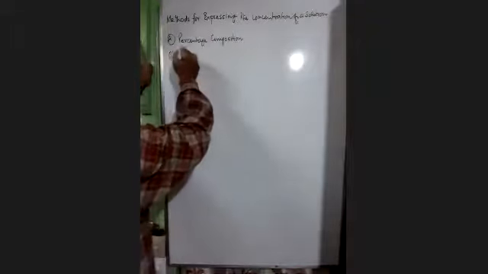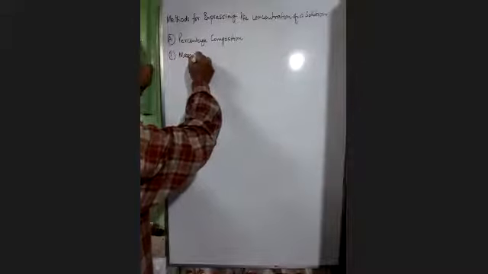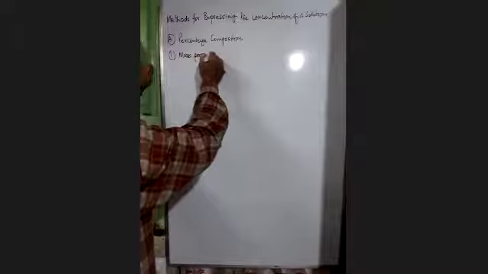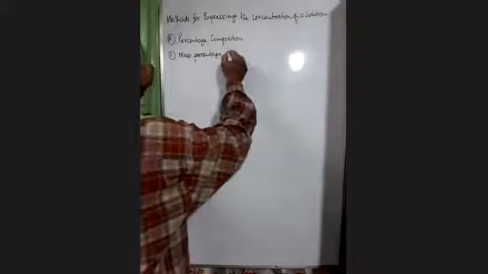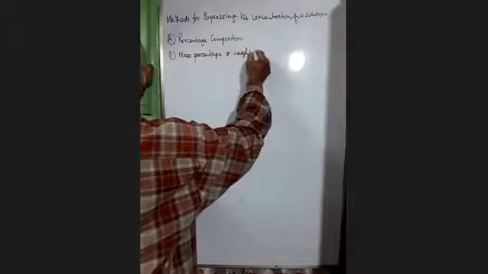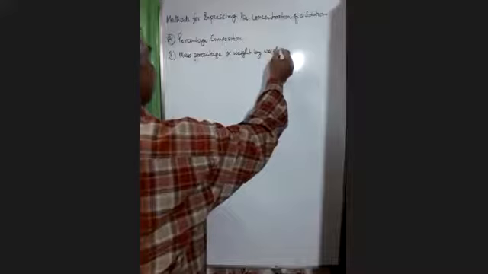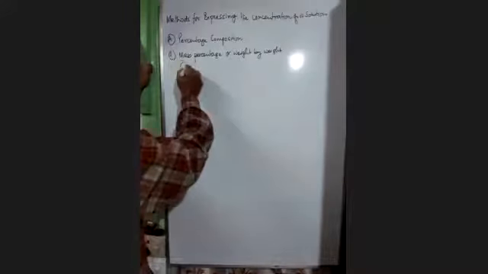Now, one. We call it mass percentage, or in plain language, weight by weight. In abbreviation form, what do you write?